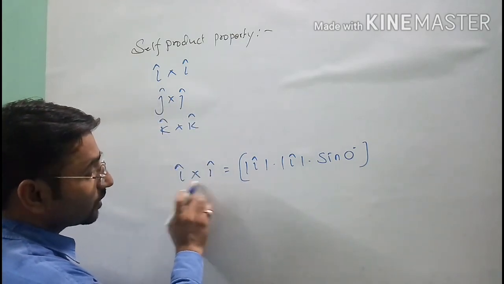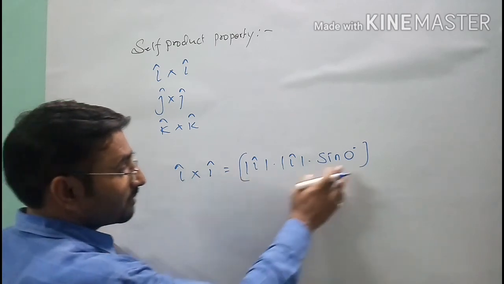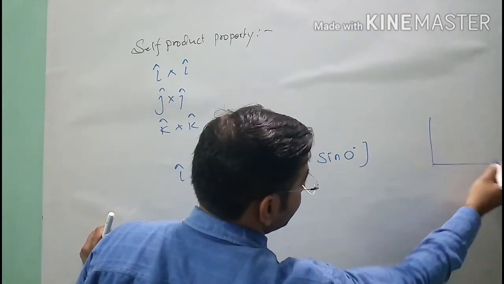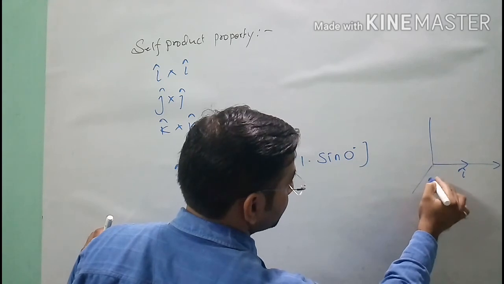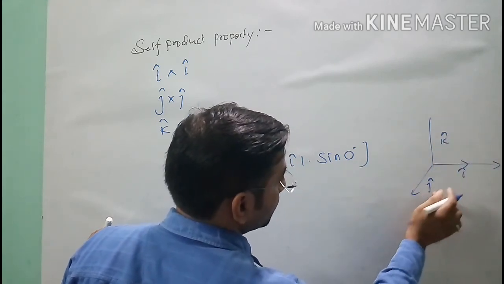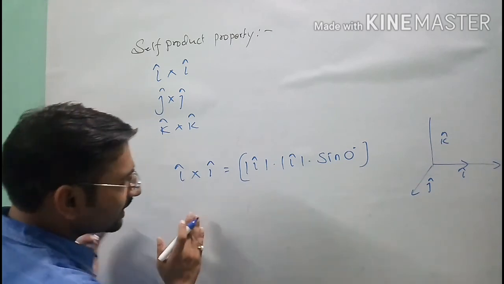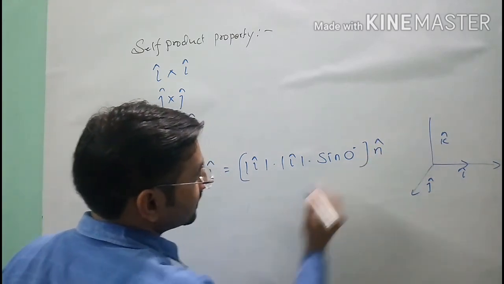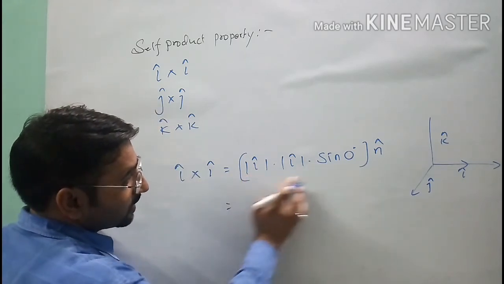Here we are talking about the normal. It means that when we deal with the unit vector, the direction may be along y or along z, because we are dealing with the unit vectors i, j and k. It is normal to either this direction or this direction. But here we have the magnitude. Suppose the direction is n cap, which is normal to this, and we are talking about the magnitude.